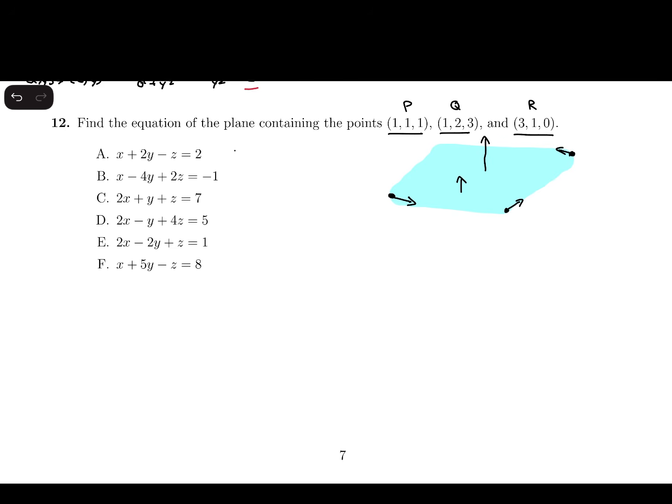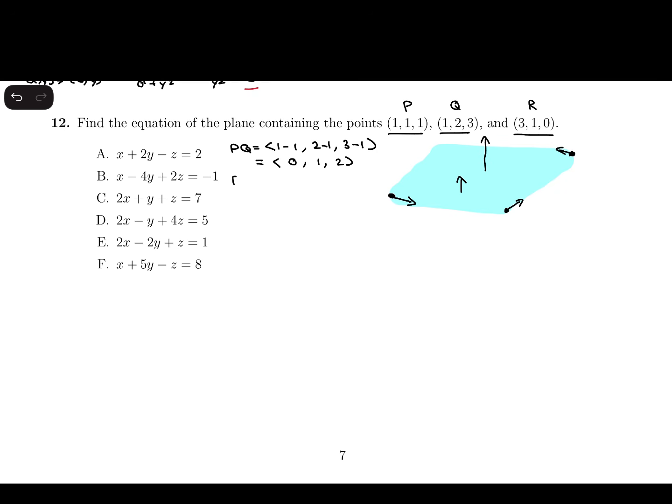So, going from P to Q, you get 1 minus 1, 2 minus 1, and 3 minus 1, which gets you PQ is equal to 0, 1, 2.